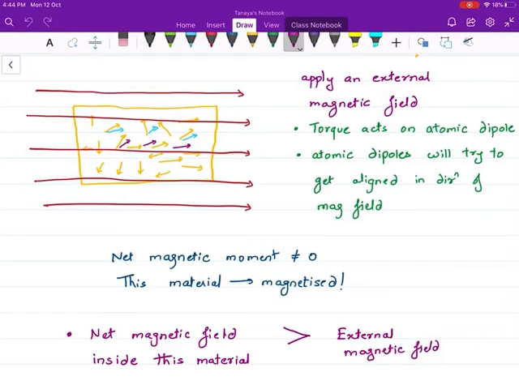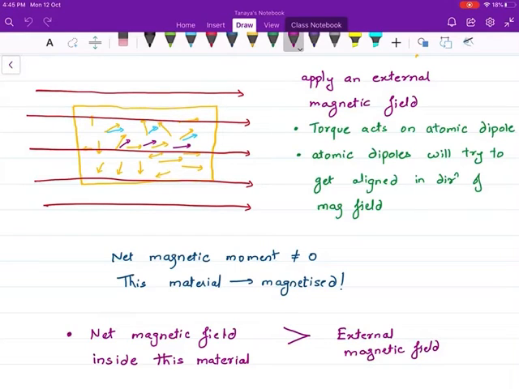Now the important point to note over here is the net magnetic field inside this material. What is the net magnetic field? It is going to be greater than the external magnetic field.